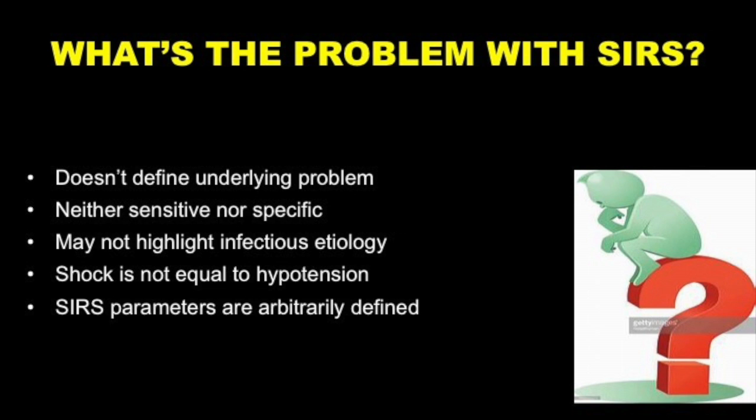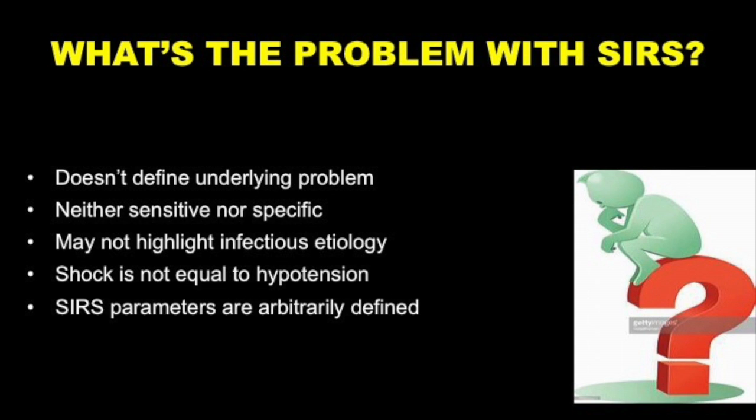You can have patients in the ICU without infection that do meet SIRS criteria, so it's not completely specific either. And the other big problem with this one is that the definition of septic shock requires hypotension, and all shock is not equal to hypotension, okay? And then there's the whole fact that the SIRS parameters are arbitrarily defined and so on, but the key thing is here that it wasn't perfect.